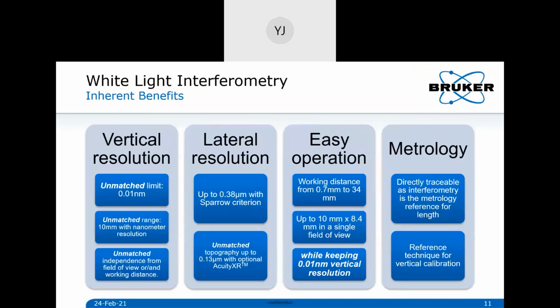When you are selecting the objective, the vertical resolution is independent of the objective choice. It doesn't really matter what vertical resolution you need, but your objective will determine the lateral resolution.